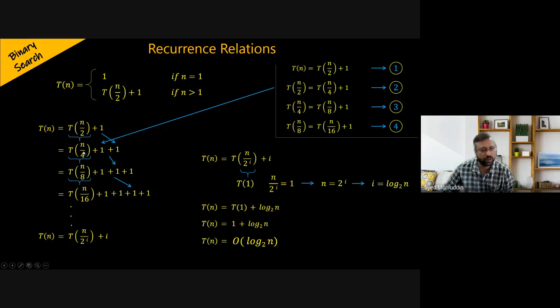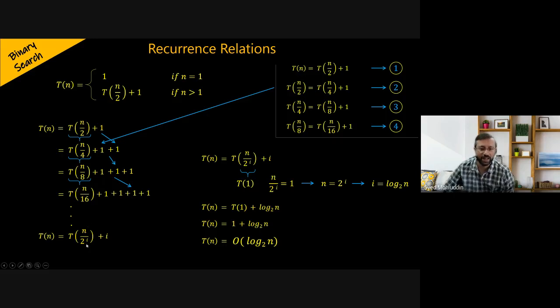First substitution we got 2 power 1. Second substitution is n by 4, which is n by 2 power 2. N by 8 is n by 2 power 3, the third substitution. Fourth substitution is n by 2 power 4, which is 16.